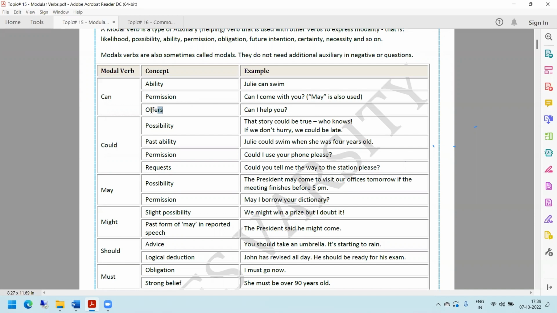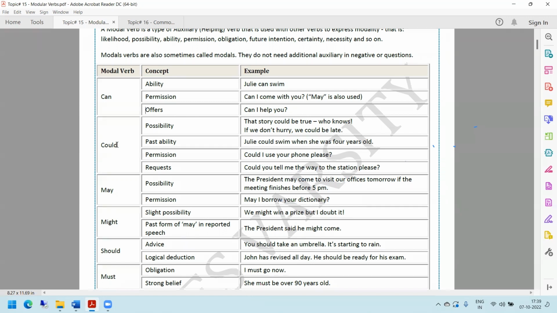It is also used for offers, like, can I help you? Here, you are offering your help. You are trying to help a person. Can I help you in this regard? So you see the meaning of modal verb can is to express ability, permission, offers.